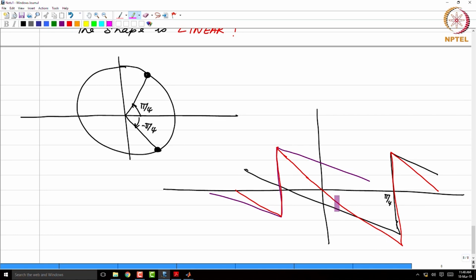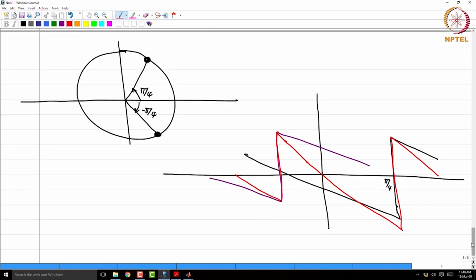In general, you can have any collection of zeros on the unit circle, exactly the same behavior will be manifested. Therefore, if you have n zeros on the unit circle, then overall shape will be linear, because they are a result of adding sawtooth waveforms that we saw earlier.